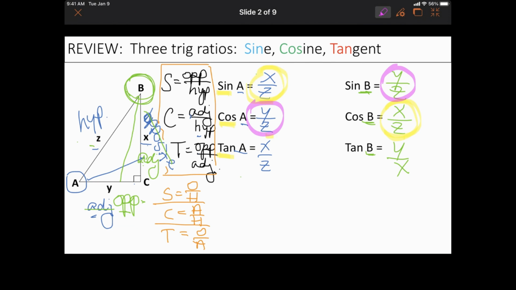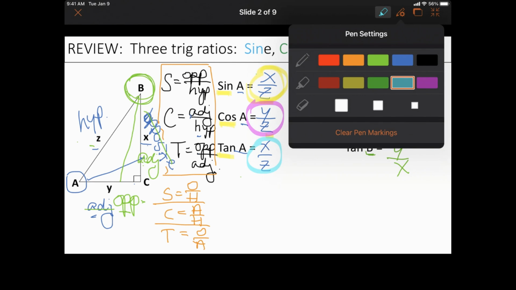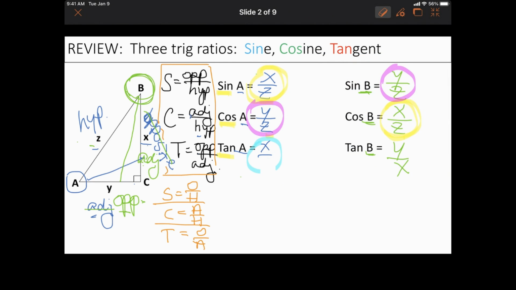What about the tangent? What is the relationship? Well, you can see x is on top of then z. Oh, I did that wrong. I know, you probably were yelling at me, Miss Mendoza, that's totally wrong. Sorry, couldn't hear you. My bad. That is opposite over adjacent. It should be x over y. Okay, so now that I've fixed that, glad we went over this.